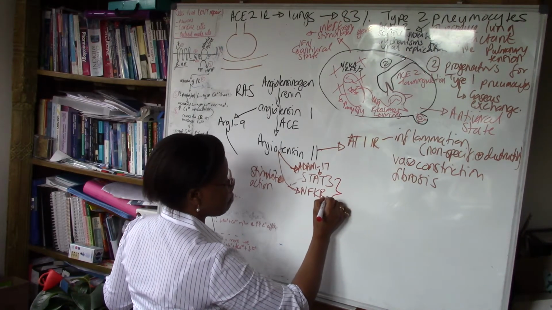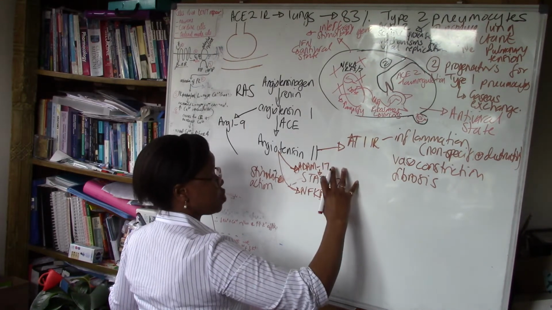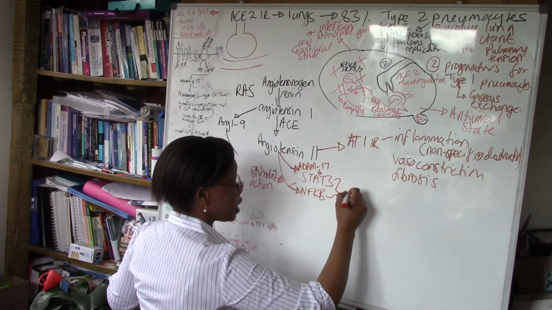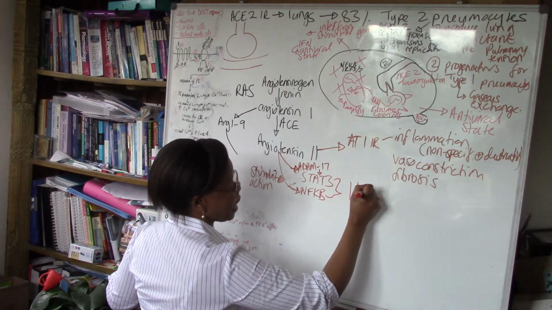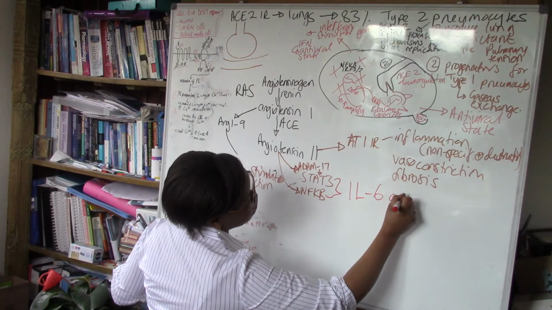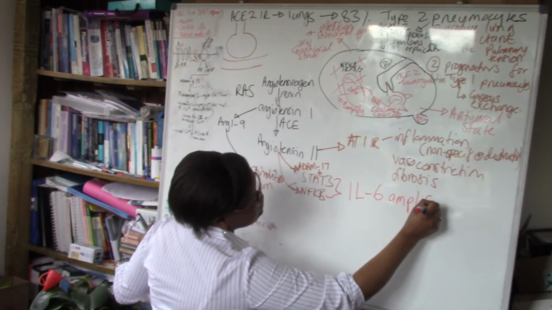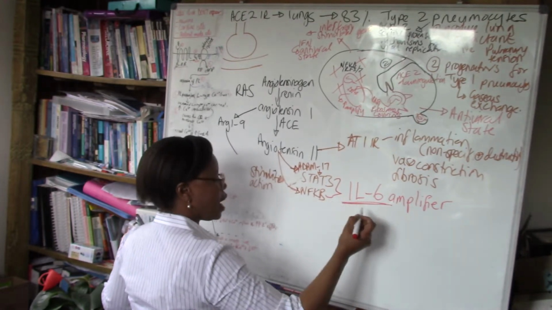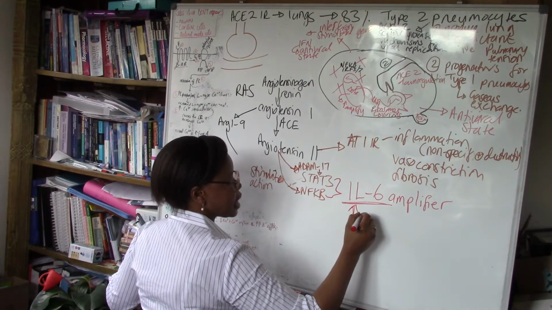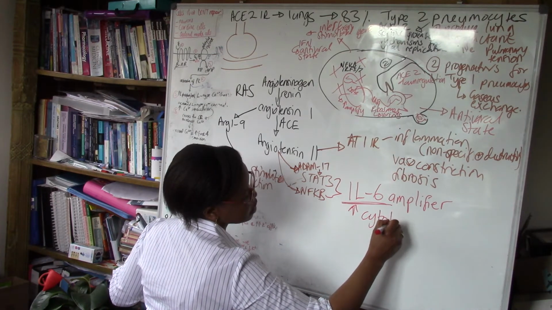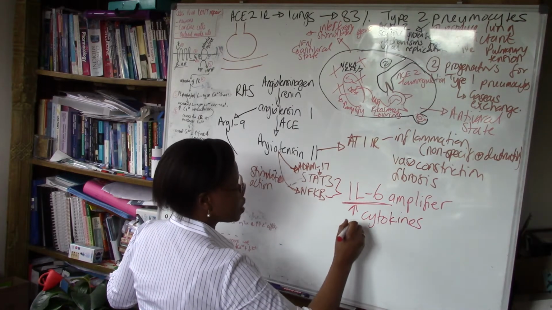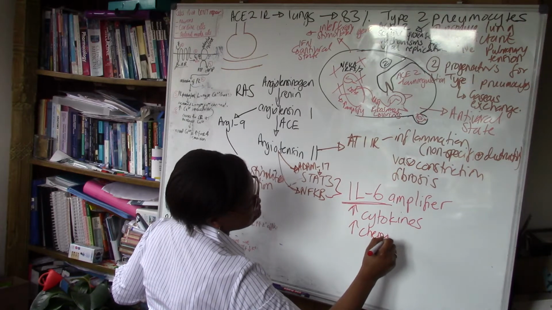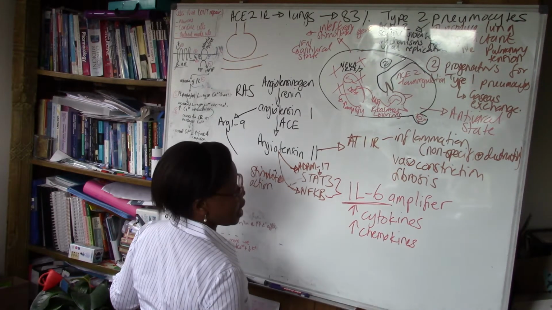And then STAT3 and nuclear factor kappa beta come together, become transcription factors that work together to activate an IL-6 amplifier, which really is more of a cytokine that increases the expression of other cytokines, and then it also increases the secretion of chemokines in non-immune cells.